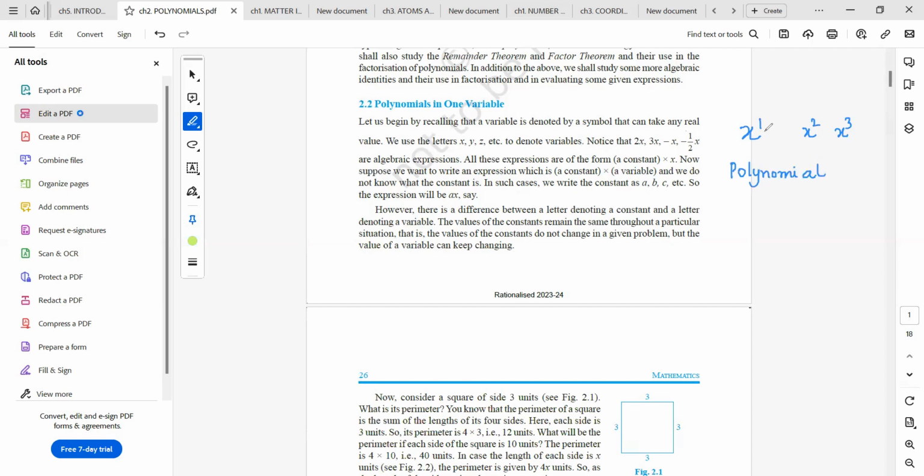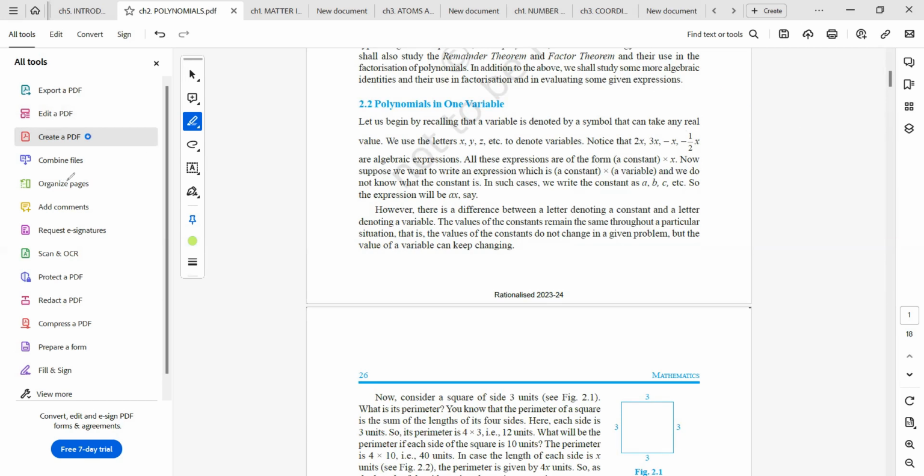If it has x to the power 1, then it is monomial, x to the power 2 is binomial, and so on. That is why it is named polynomial. So it simply depends on the power of the variable. This variable may be x, y, t or anything. So whatever is the power of the variable, that we call a polynomial.